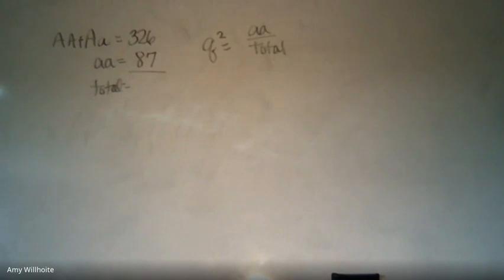Can you see it? So little a is 87. That was good. So then get right here. Start there.